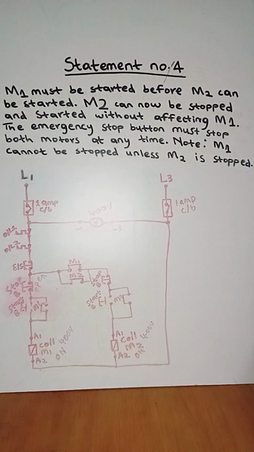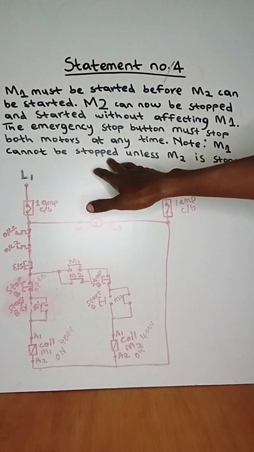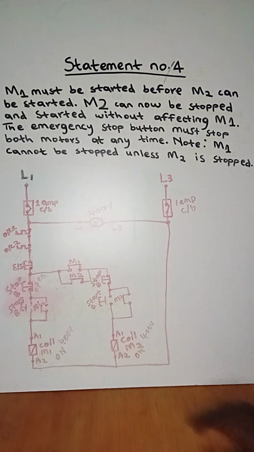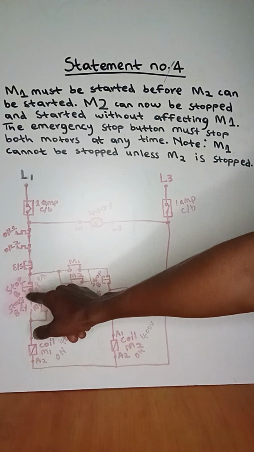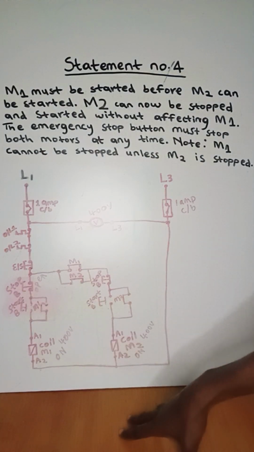And from the statement it says motor 1 cannot be stopped, but it can only be stopped when motor 2 is stopped. But when we test motor 1 first, it has stopped the coil of motor 1, which is not what we want.